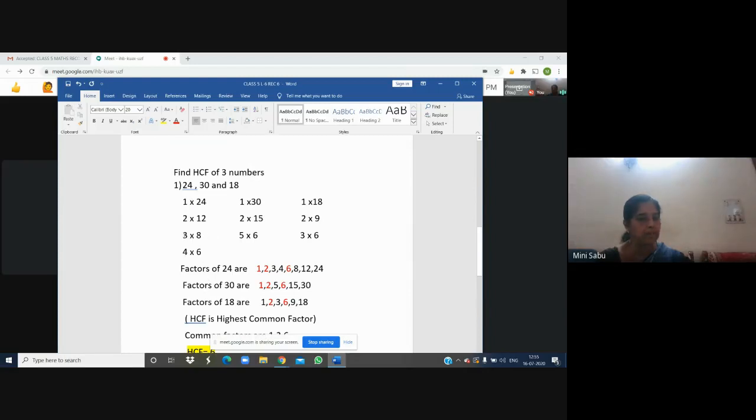In 7's table, no. 8's table, it is the same. 9, no. 10, no. So these are the factors of 24. I have mentioned it here: 1, 2, 3, 4, 6, 8, 12, and 24. I told you if you write in this order, you will get increasing order, ascending order.